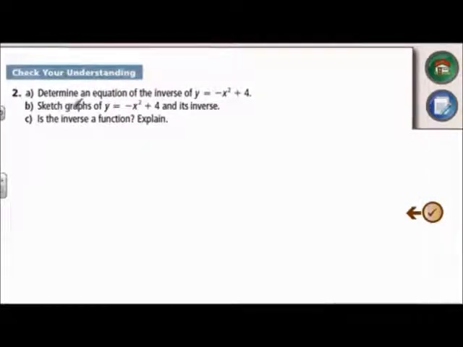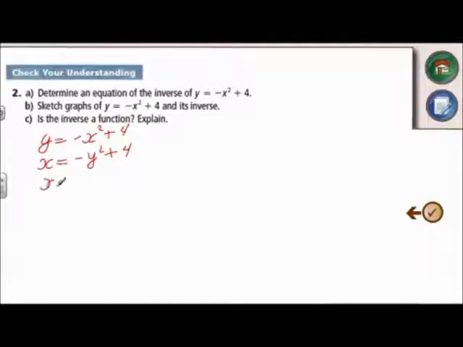All right, let's take finding the inverse equation. Start with your equation. And step number 1, switch your x and your y. x equals -y squared plus 4. Resolve for the y.